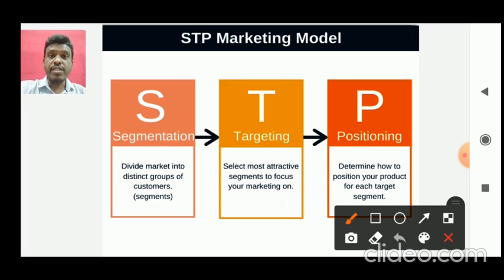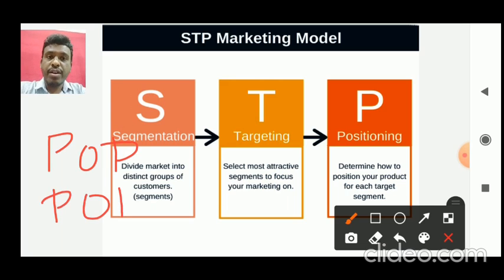How your product is different and unique compared to your competitor's product, that is what you have to explain to your customers. This is the positioning strategy, which involves two things: point of parity and point of difference. These are the two things on which your positioning strategy should work.